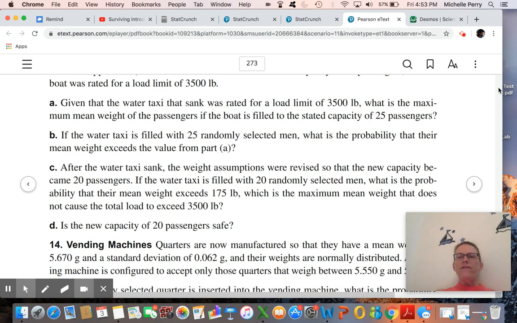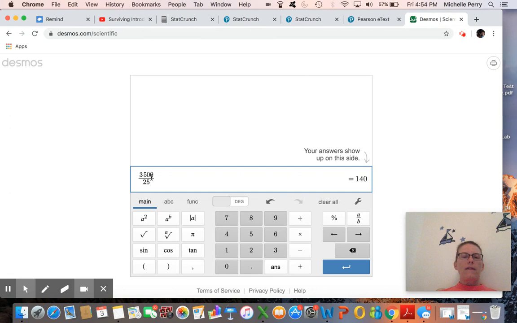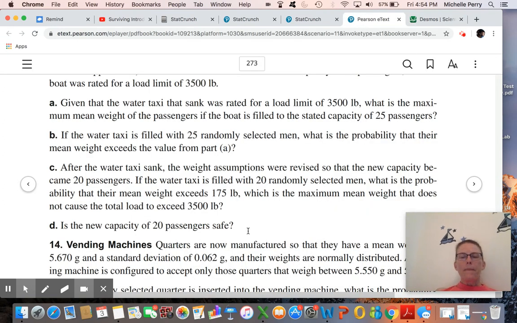The 175 value was generated in a similar fashion. They take that 3,500 and divide it not by 25, but by 20. See, there's your 175 value that they're coming up with there. Easy peasy. So, we're still wanting to know what's the probability that their mean weight exceeds 175 pounds.